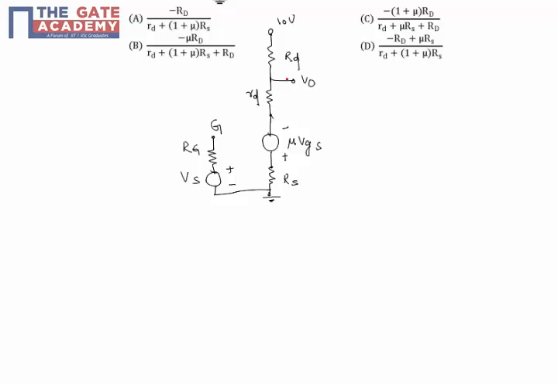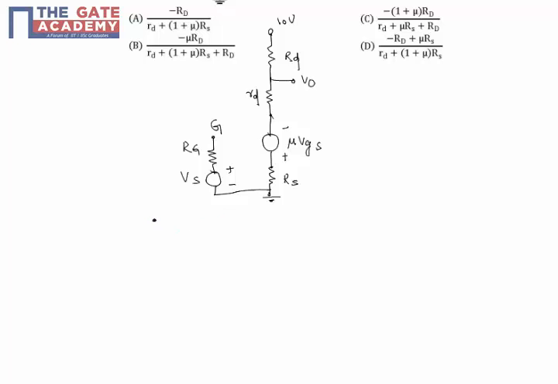So when you are finding V0 by Vs, which is AC gain, you have to make all the DCs zero. That means you have to connect this 10 volts to ground. So when I connect this point to ground, how will the circuit be?